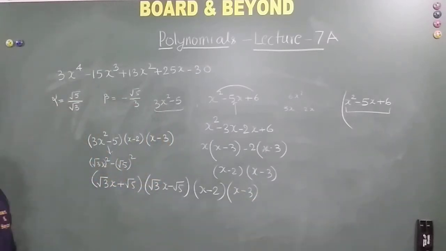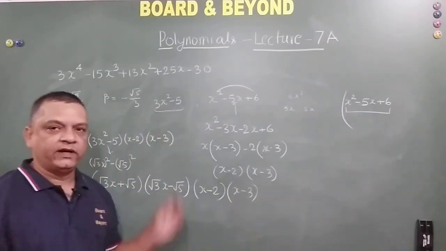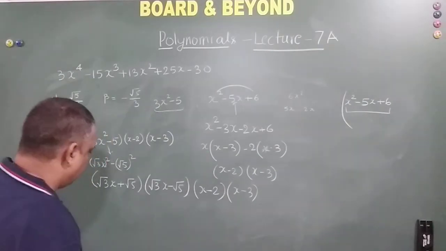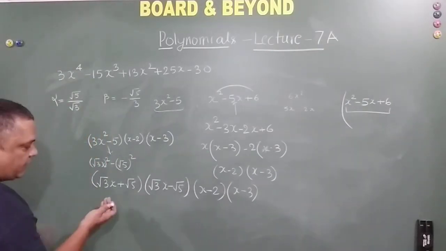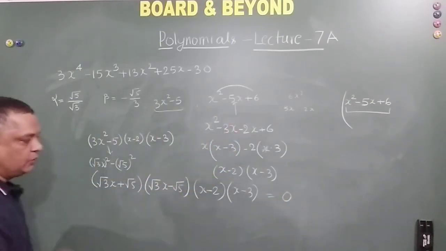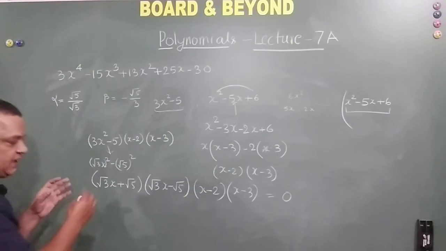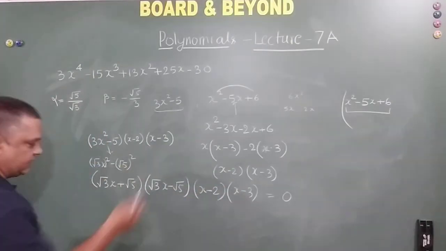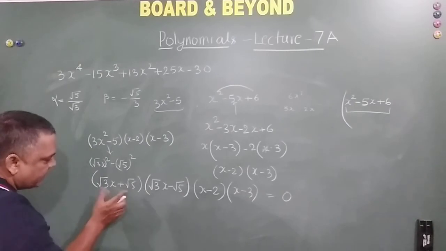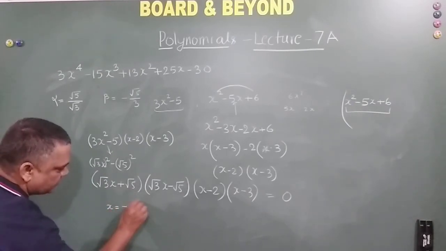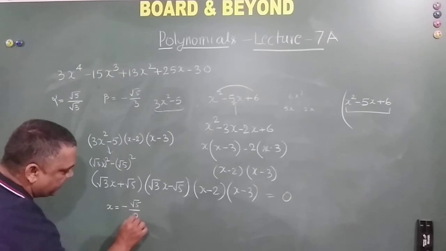Right? Now I have broken it into the lowest possible form. So this is equal to 0, right? Now to find out the value of x, we must equate each term with 0, and then find the value of x. So equating the first term to 0, we get x is equal to minus root 5 by root 3.